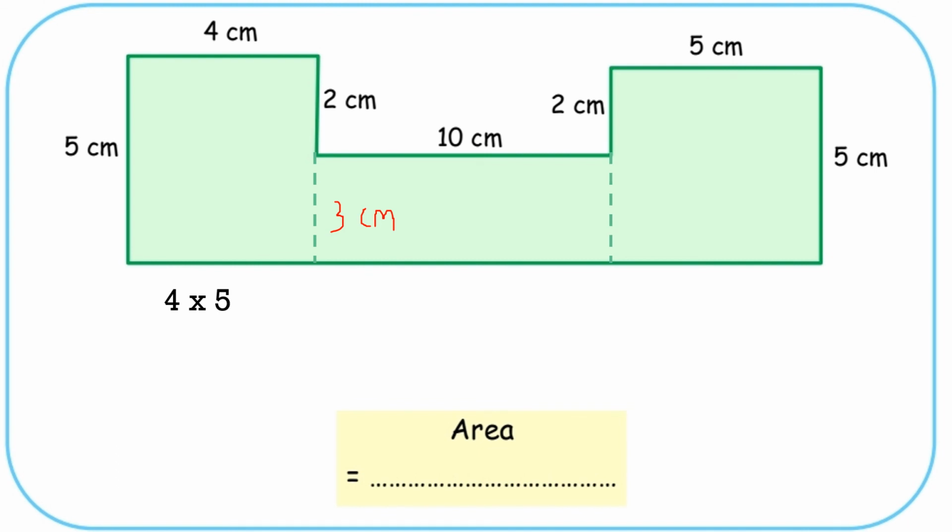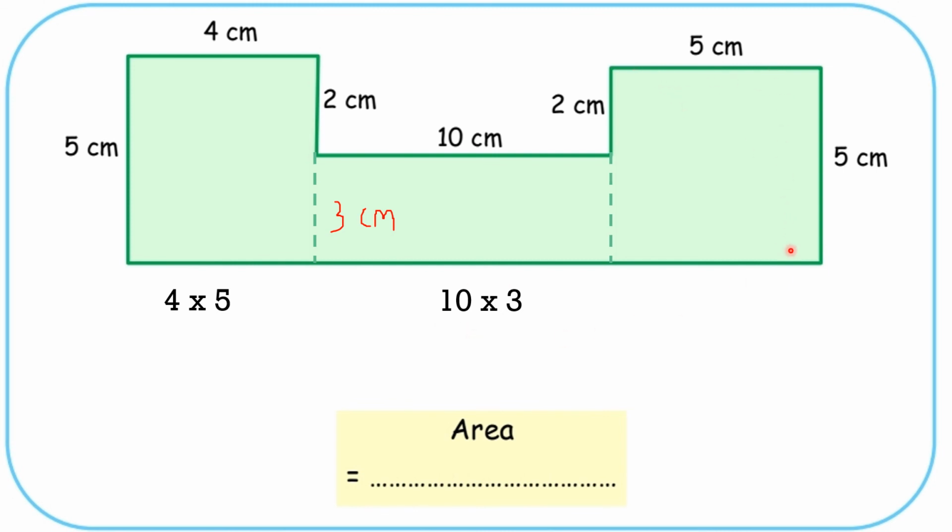I have here a rectangle with side length 10 centimeters and the width I don't know, but I know all this side is 5 centimeters because it's equivalent to this. This part is 2 centimeters, so this part is 3 centimeters. Okay, so now I have the length and the width, so 3 by 10 is the area of this part.